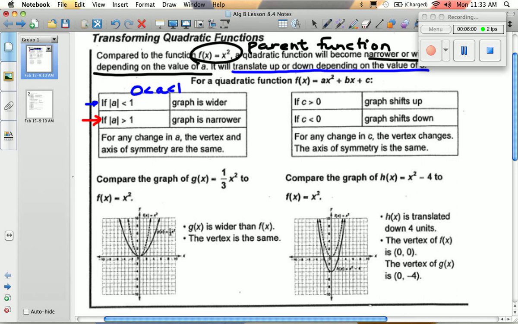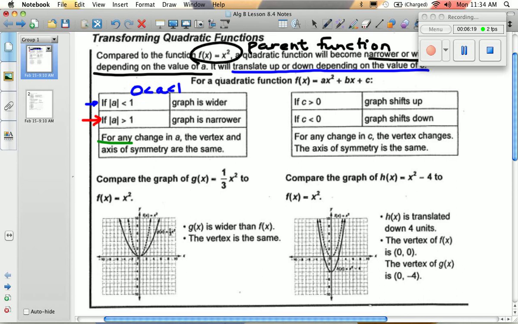So the bigger the absolute value of a gets, the skinnier the parabola gets. If it's between 0 and 1, the smaller it gets, the wider it gets. It opens out more.